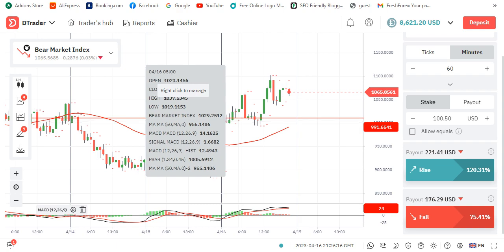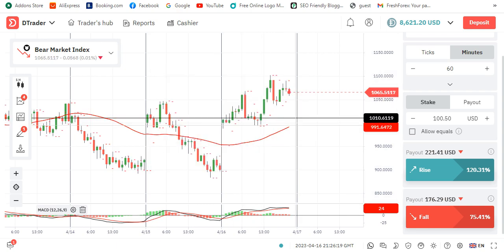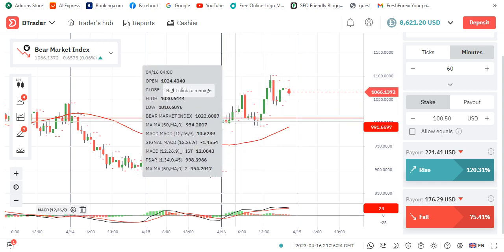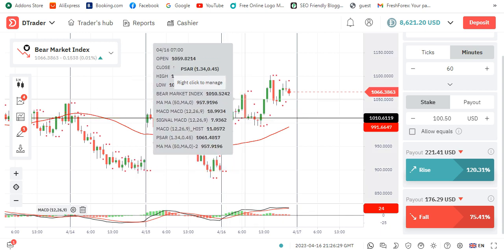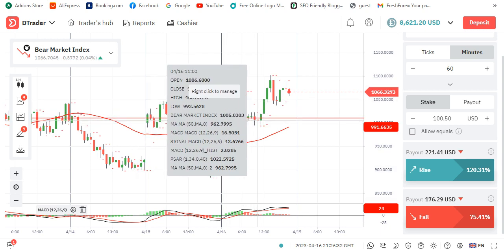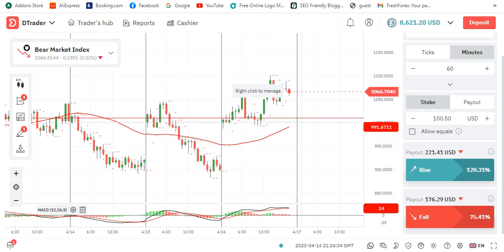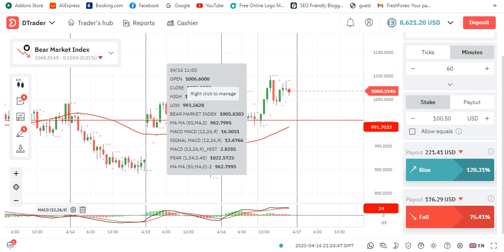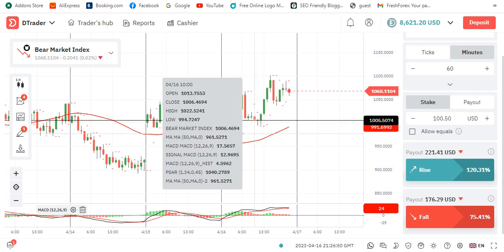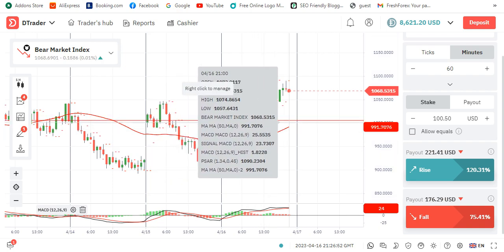At this particular place it has formed, what should I call it, a support. This has formed a support at this particular place, and by the time the market dropped to this place, it pierced but was pushed back by the market force, and you can see this small hammer.